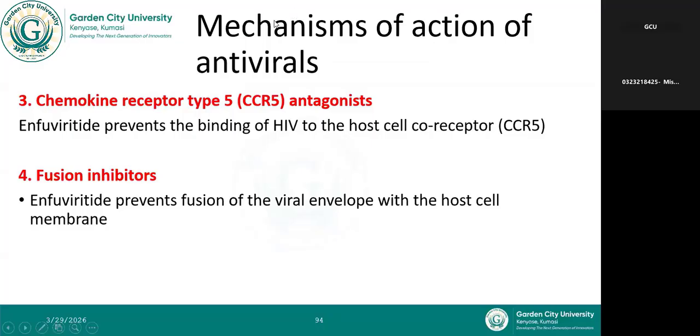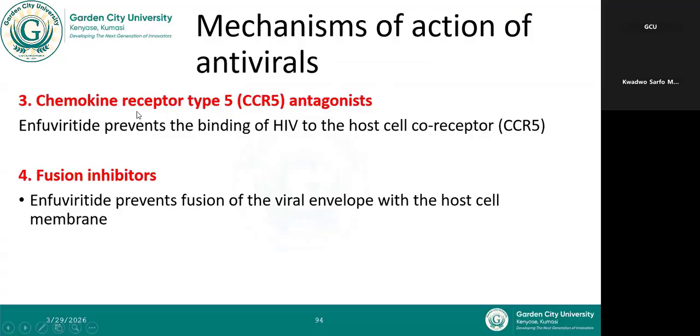And we have those that target the chemokine receptors. So fuzeon, enfuvirtide, prevents the binding of HIV. For the viral life cycle, it needs to bind before it can penetrate and then unpackage.